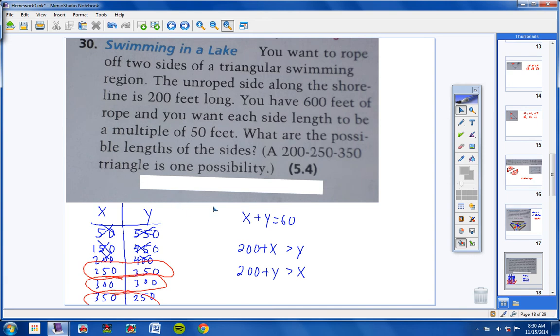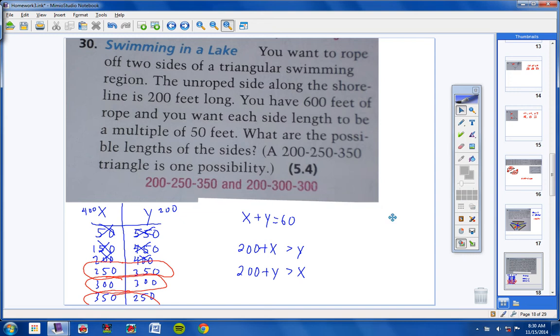And students, the next one we come to, I think is going to stop working. Yes, it is. So the next pair that we would use would be 400 for x and 200 here. And just trust me, that will not work. So we're done. That's as far as we can go. Okay? So the answer would be triangles that are 200, 250, 350.